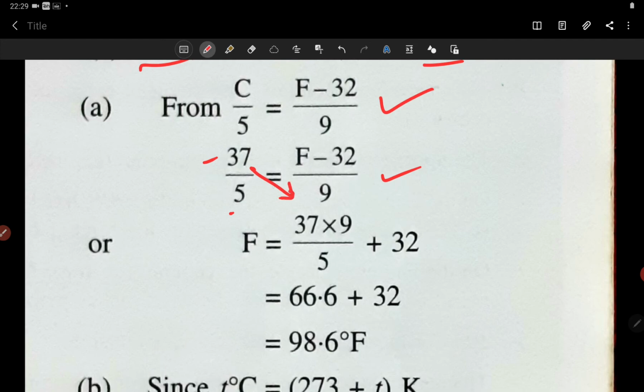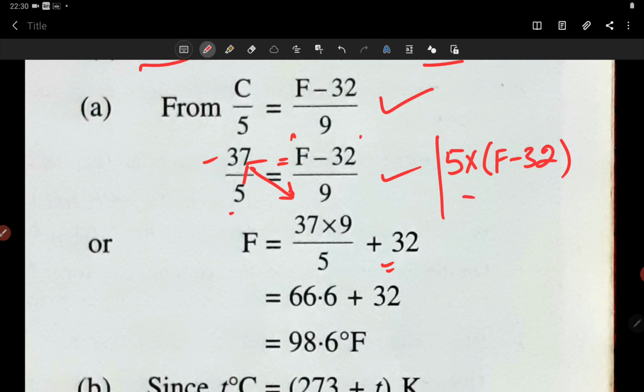Now the next step will be 37 multiplied by 9. Here we are cross multiplying, and then F minus 32 multiplied by 5. So after doing the cross multiplication and then solving, we are getting this particular line. To get this line, let me do the cross multiplication here. It shall give me 5 multiplied by F minus 32, which should be in the bracket because this is a single thing here, right?